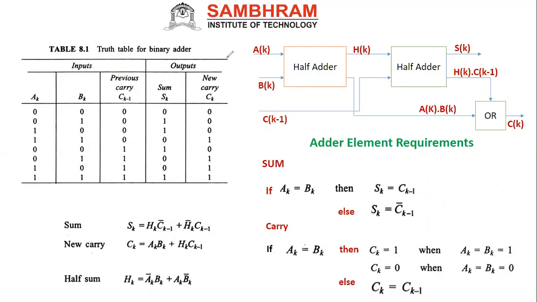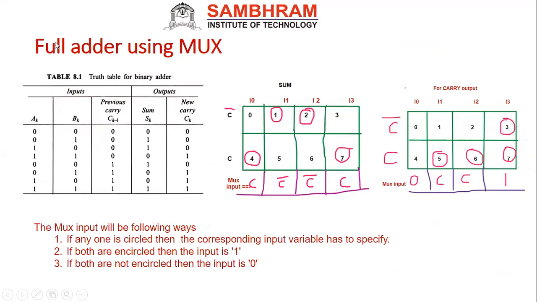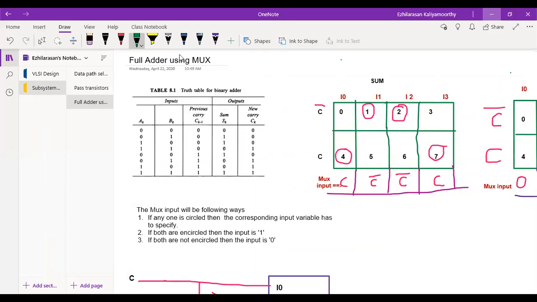So now let us design the full adder using the multiplexer approach. So how to design the full adder using multiplexer? Let me give you a little bit of an idea of how to design using a multiplexer.